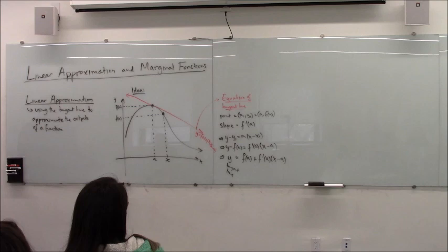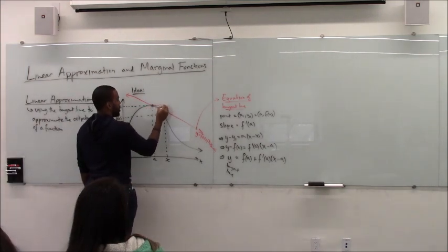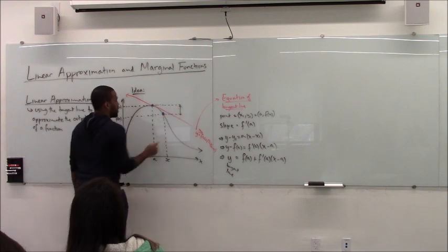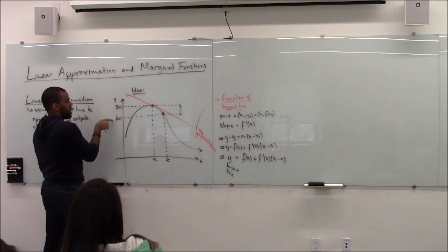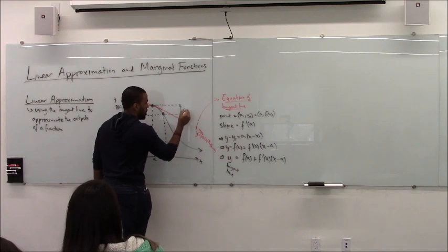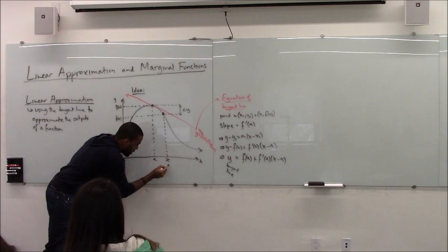So now here, let's just do some notation. We are going to measure things in terms of the difference. So I know the output f of a. The difference between f of a and the new y value, we tend to call that delta y. Of course, the difference in x values, we tend to call that delta x.